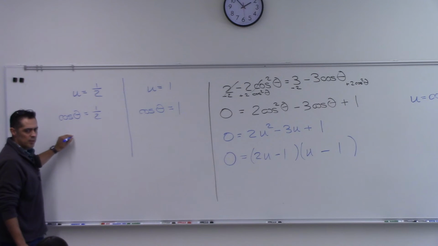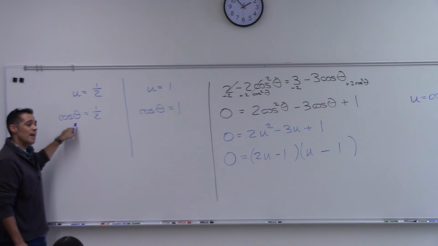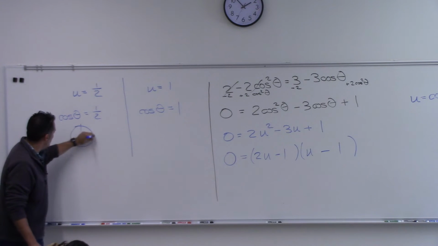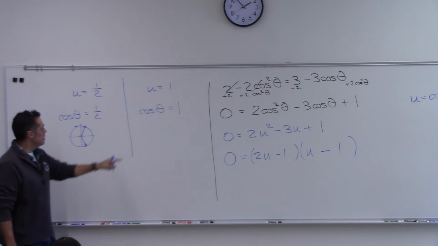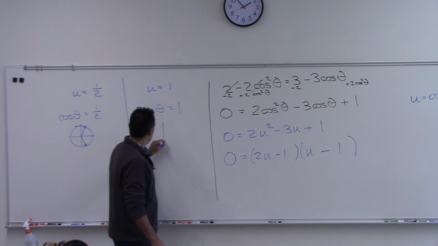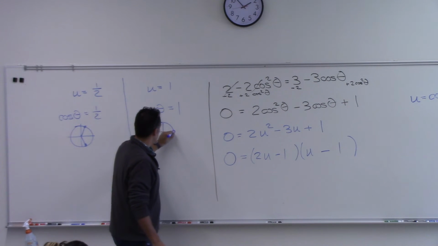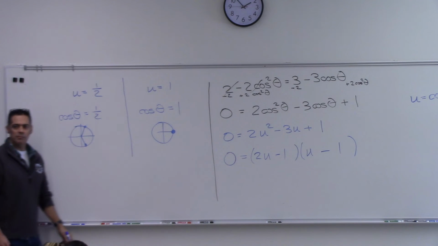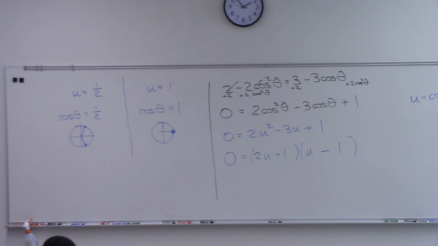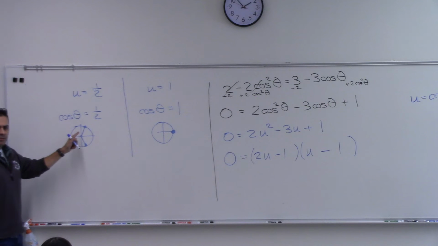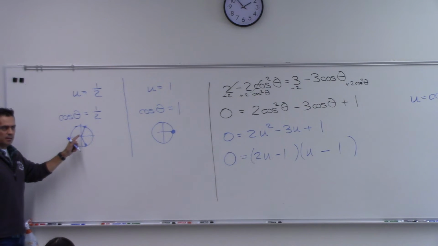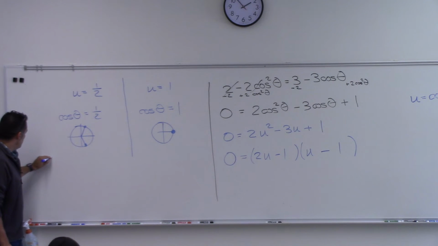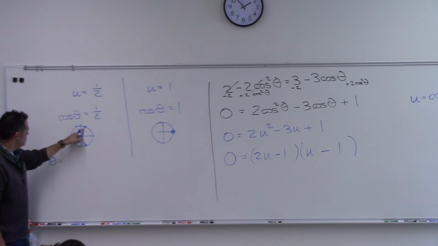All right, move a little faster here. I want to know where the x-coordinate is a half, right? That's what this is saying. X-coordinate is a half. That's here, and that's here. This is saying where's the x-coordinate 1? That's here. I'm going to have two groups of solutions for this, right? Theta is, what's this angle?